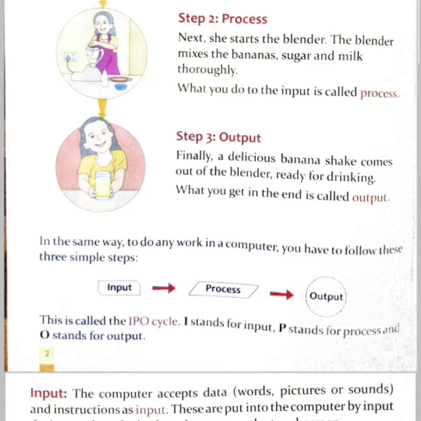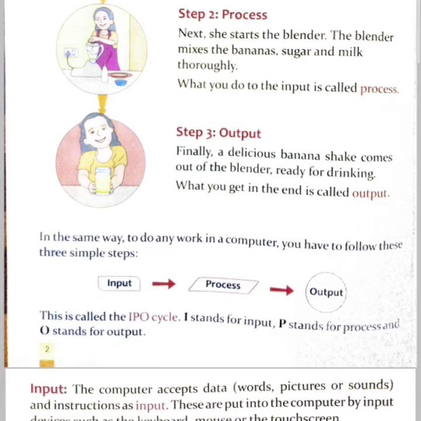Step 2 is the process. Next, she starts the blender. The blender mixes the bananas, sugar and milk thoroughly. What you do to the input is called the process.